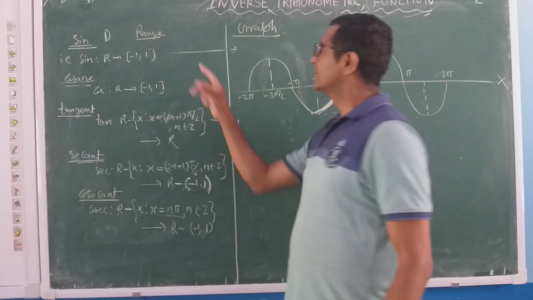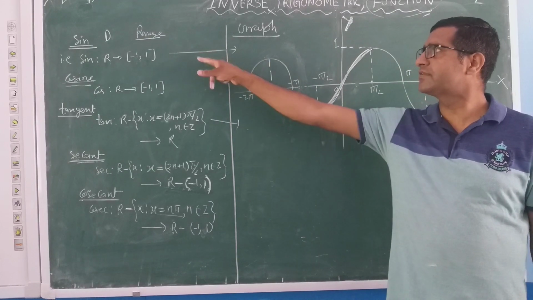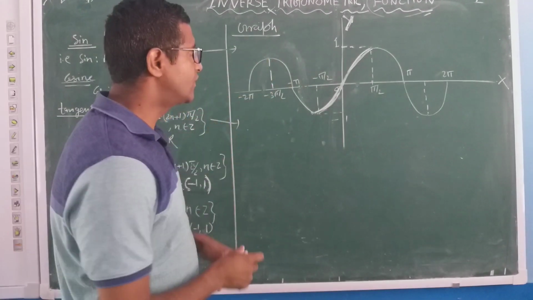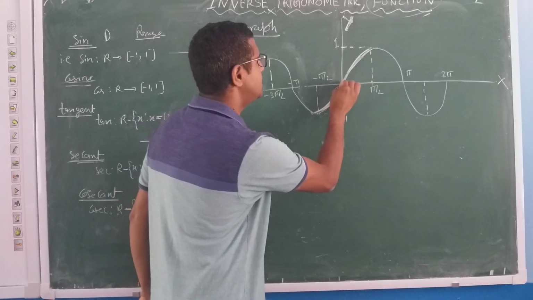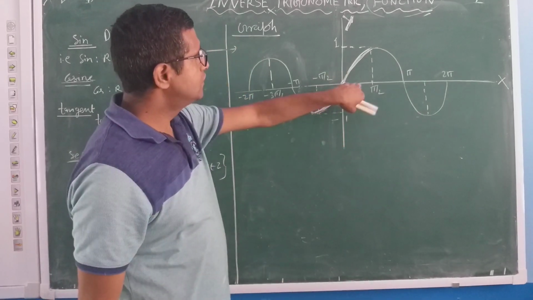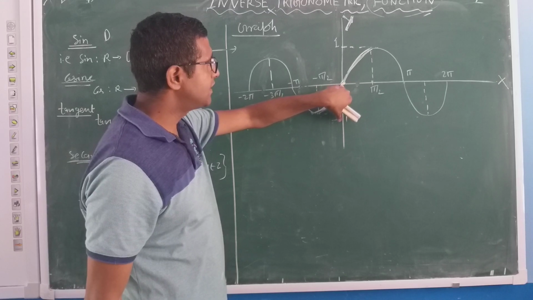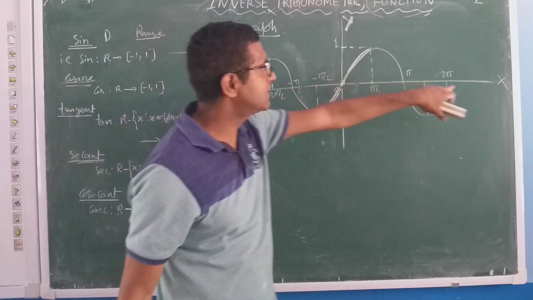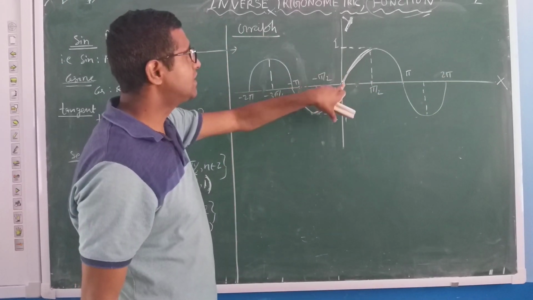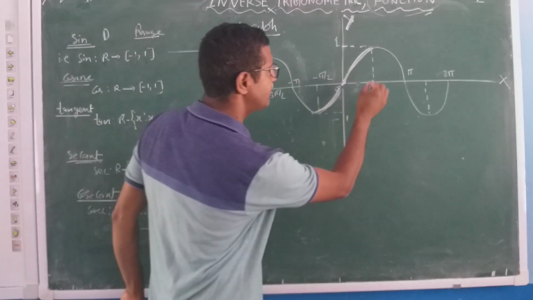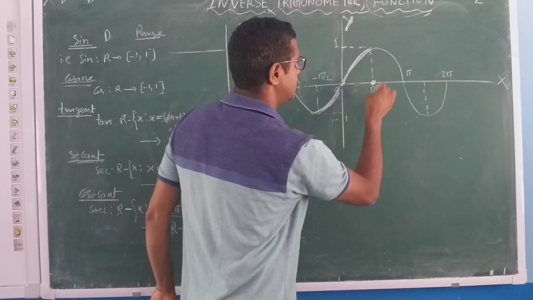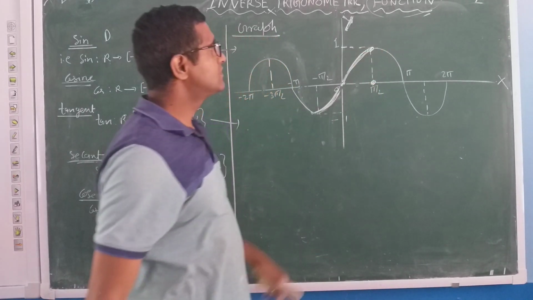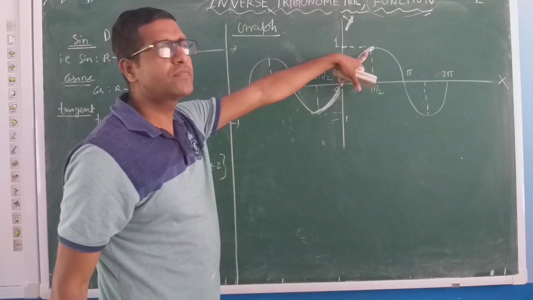Okay, let us see the graph of the sine function. If theta equals 0, you get the corresponding value of the function at x equal to 0, which is 0. If x equals pi by 2, you get the maximum value of sine x, which is 1.